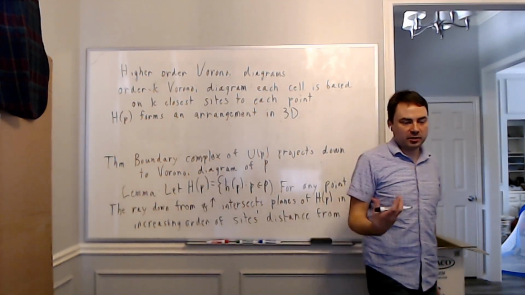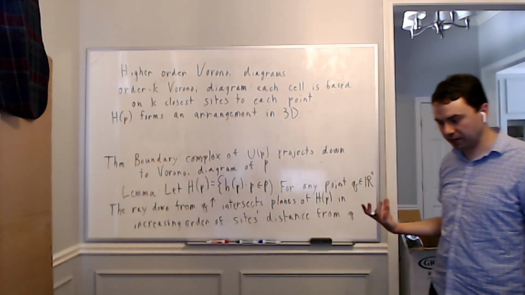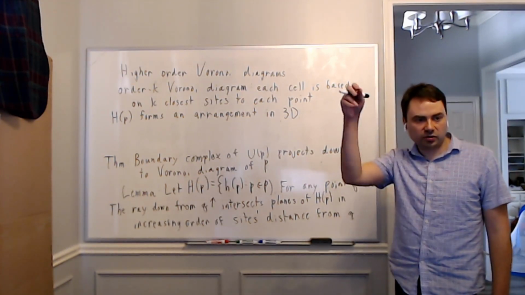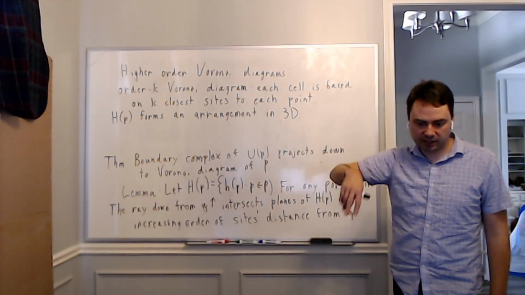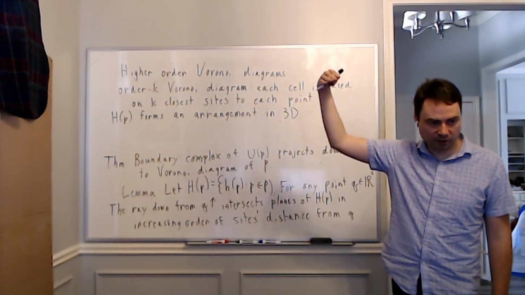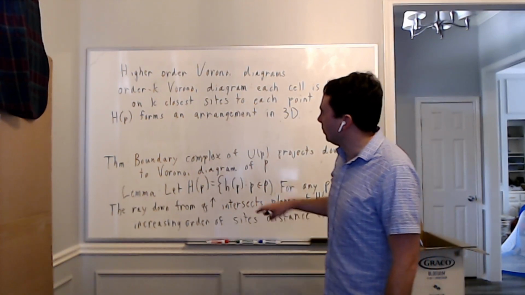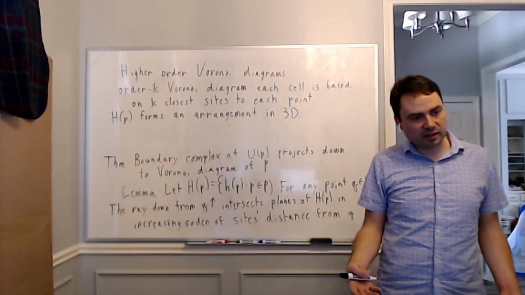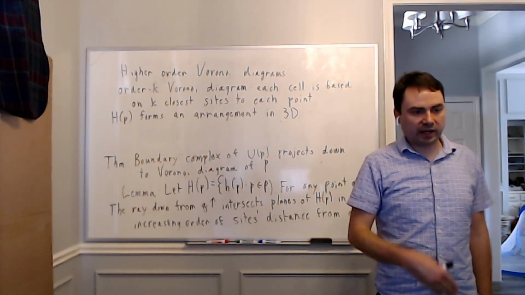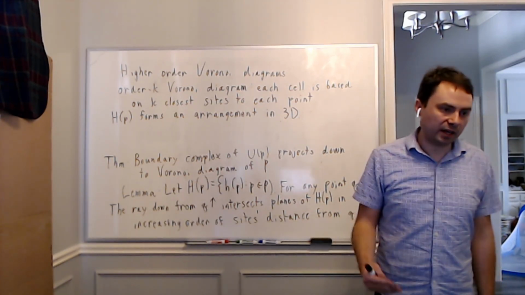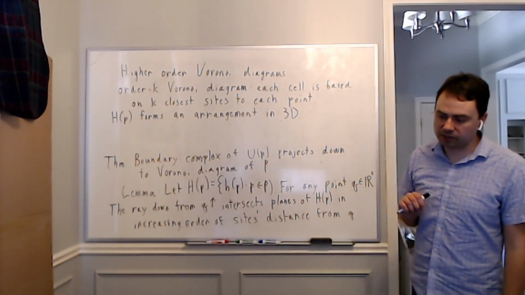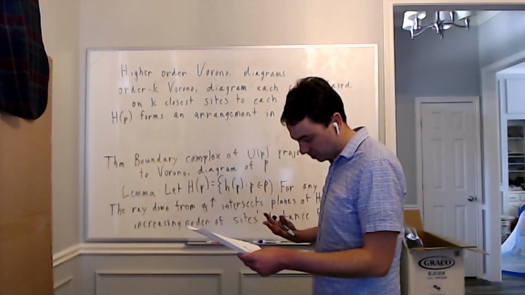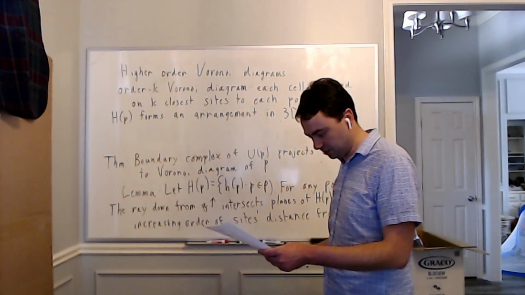So we had capital H of P, which was the collection of all those tangent hyperplanes made from, you take one of the sites, you look at tangent planes. You take a site, you look at the plane tangent to the paraboloid going through the lift of the site. Well, all of these planes, they form an arrangement in 3 dimensions consisting of triangles and edges and vertices. And also, I guess, tetrahedra.